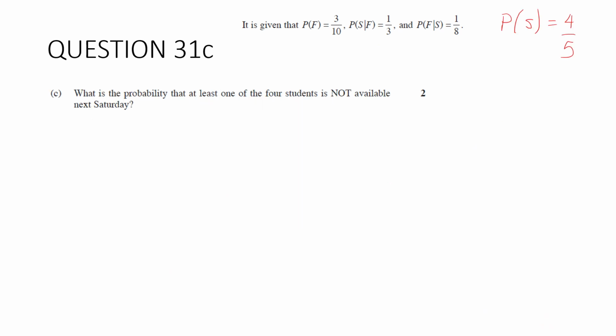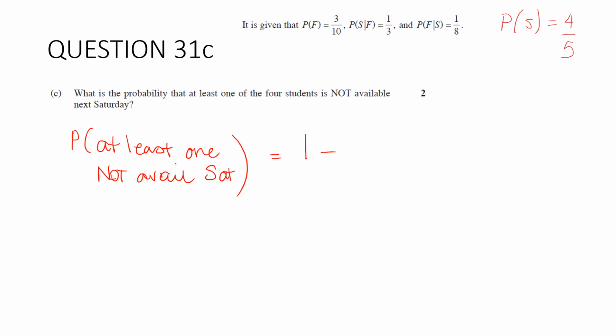31C, what is the probability at least one of the 4 students is not available next Saturday? At least one not available next Saturday. So it's of course going to be equal to 1 minus the probability that they are all available, which is 1 take away the probability that one is available, which is 4/5.